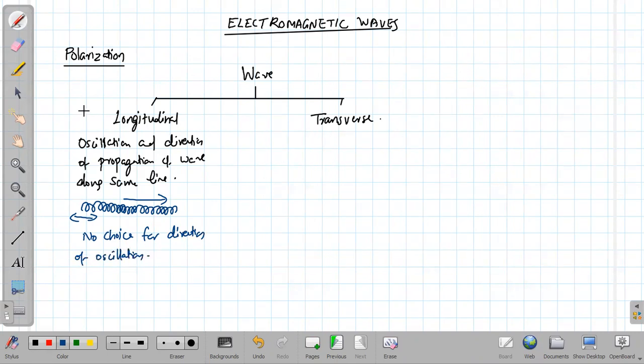Now we can look at the transverse wave. In the case of transverse wave, the oscillation is perpendicular to the direction of propagation. We can take the same example. So consider a spring.